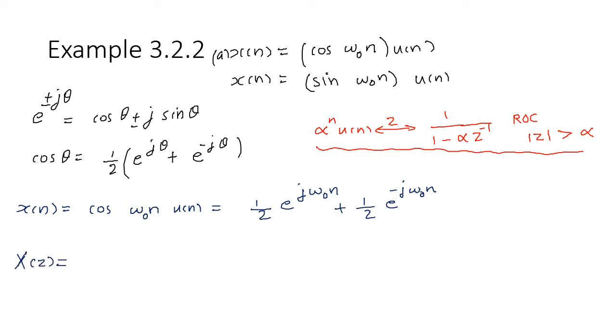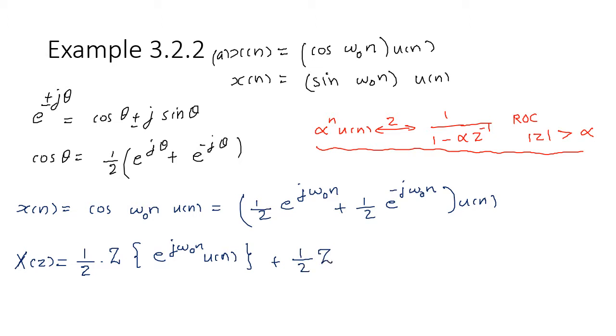Making use of the linearity property, I can write it as 1 by 2 into the Z transform of e raised to j omega 0 n u of n, plus 1 by 2 Z transform of e raised to minus j omega 0 n u of n.